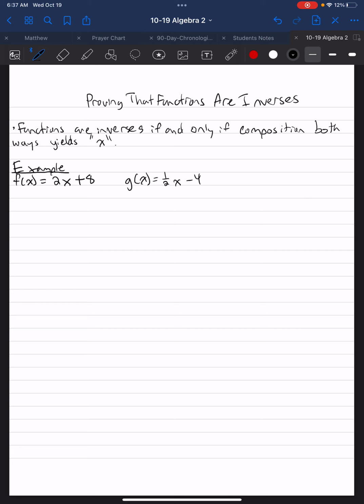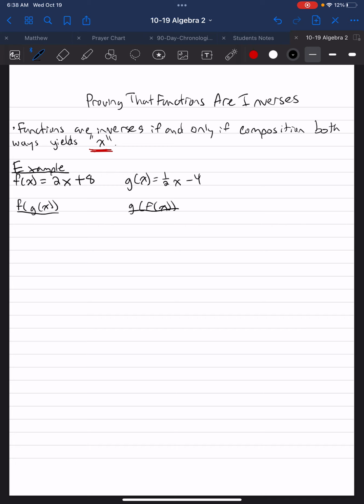Basically, what I'm checking for here is I'm going to try plugging g into f, and then I'm going to try plugging f into g. Really what I'm looking for is: do I get x this way?